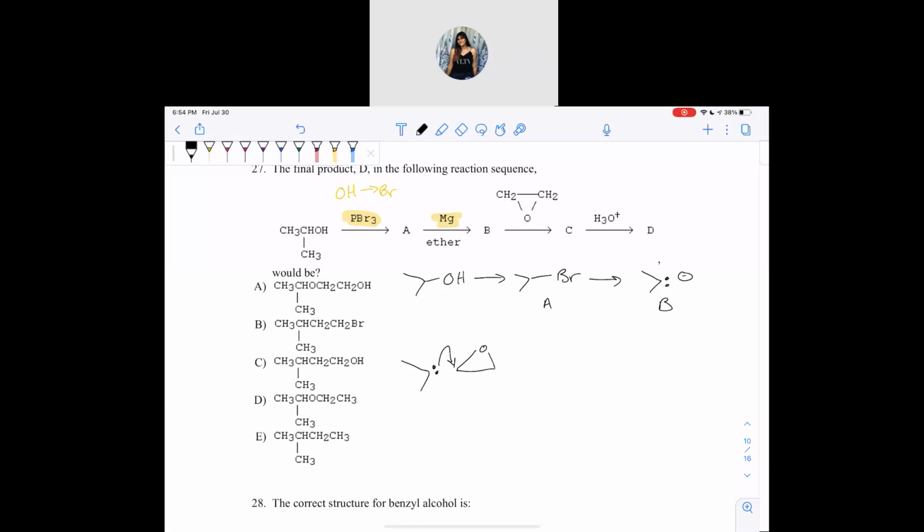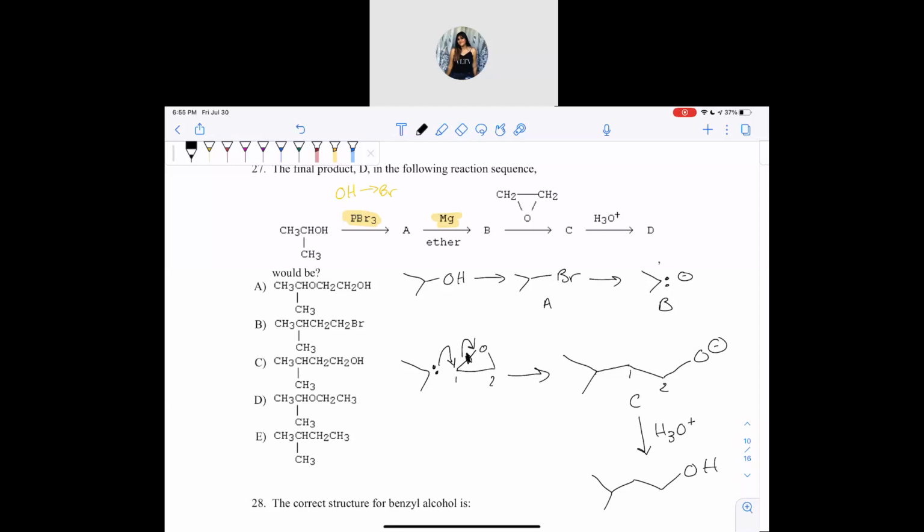We attack, open up. So we break this bond. And we get, bam, bam, a bond to carbon 1, a bond to carbon 2, a bond to O minus, and here we have C. C gets protonated by H3O plus, and we get this guy.